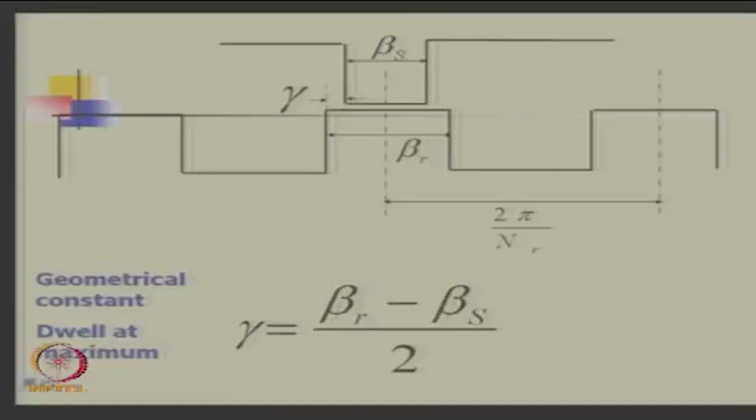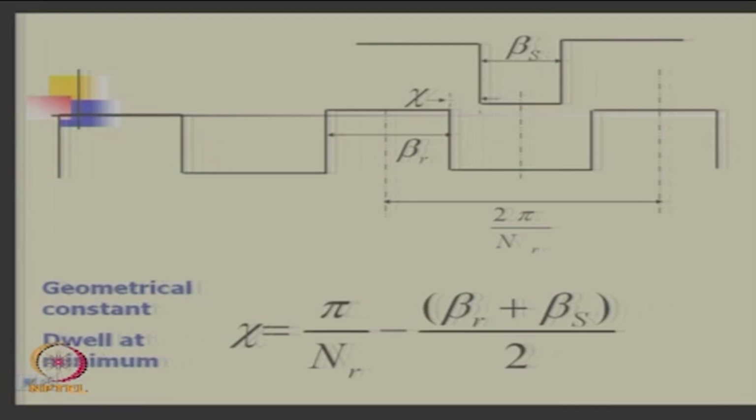Now, we have defined these terms from geometric constraints: gamma is (beta R minus beta S) by 2, and zeta is (pi by N R minus (beta R plus beta S) by 2). These are simple geometric expressions. One is interpolar overlap and another is polar overlap.